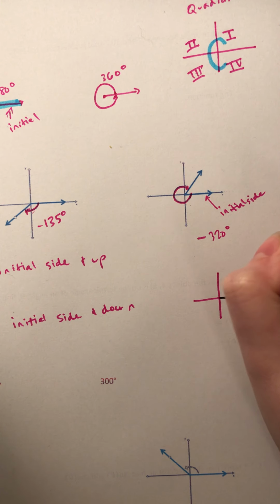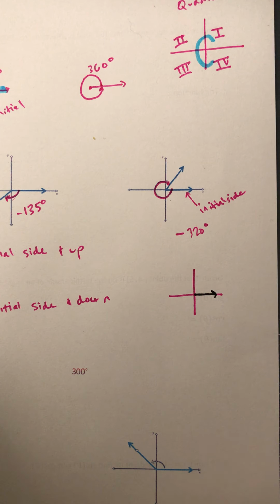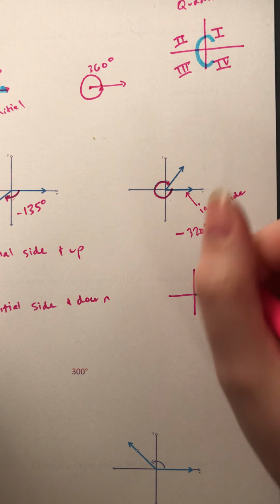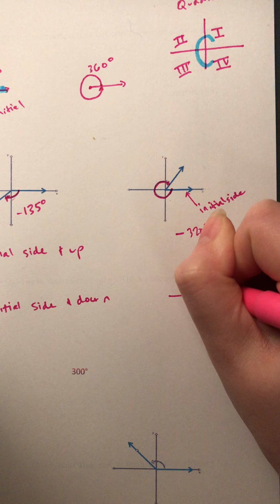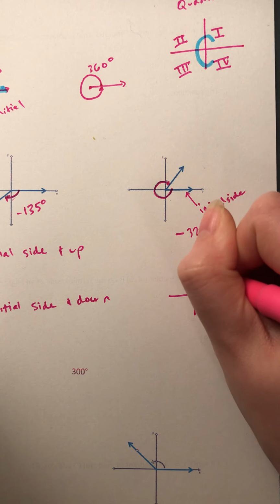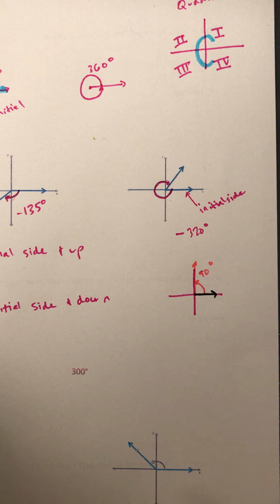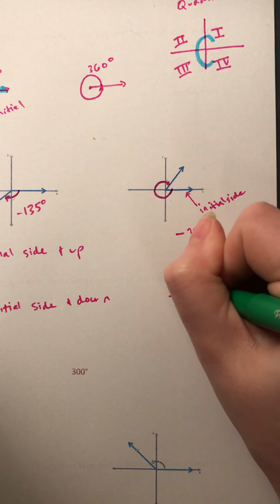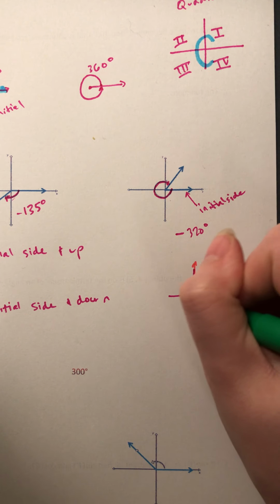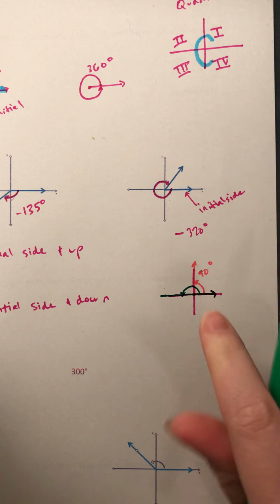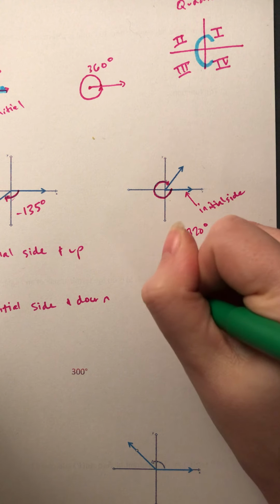So if we always start here on our initial side on the x-axis, from here to here, this would be 90 degrees. If we started on our initial and went all the way over here, it's a straight line, so a straight line would create 180 degrees.